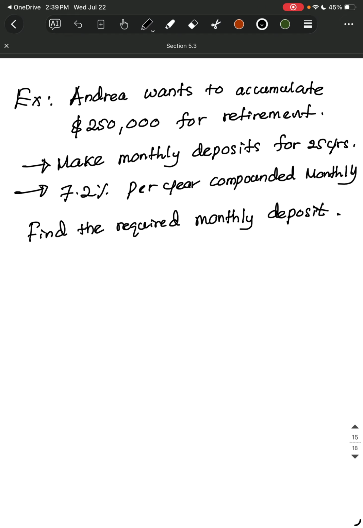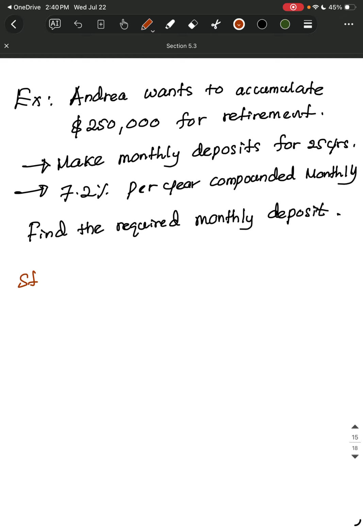Okay, first thing, identify whether the problem is amortization or sinking fund. Here we have deposits made over time with a future goal. So she wants to accumulate $250,000 for a retirement account in the future.